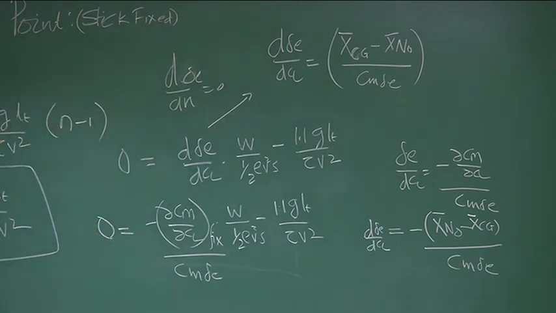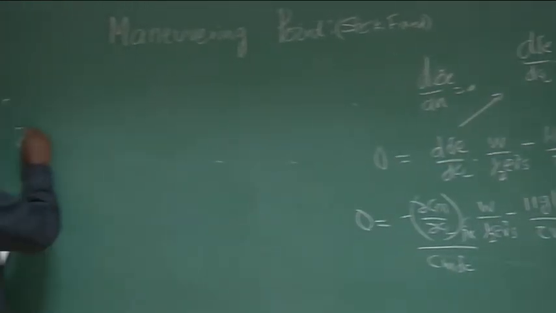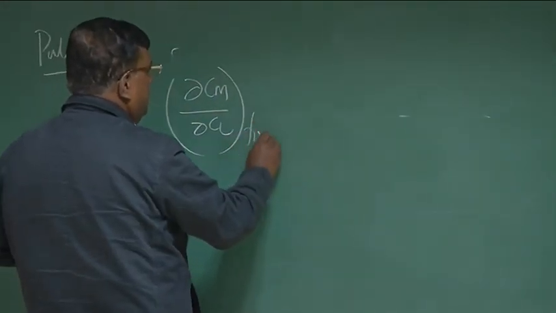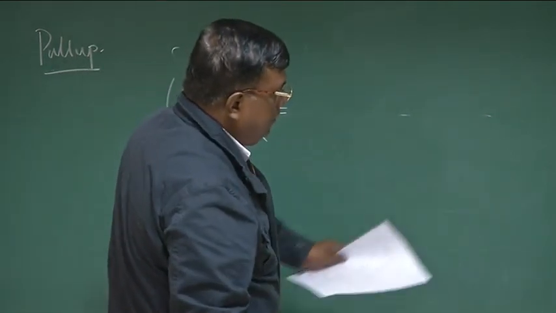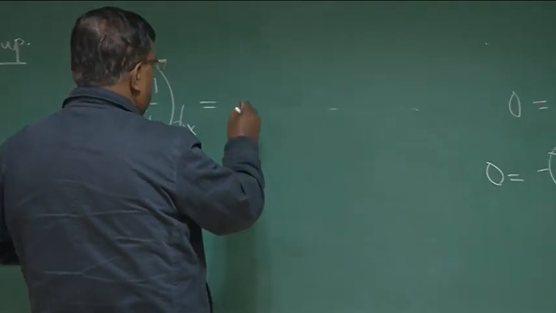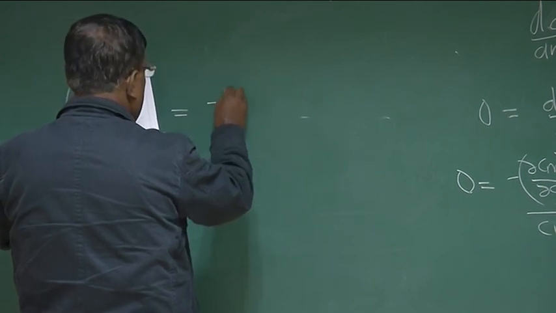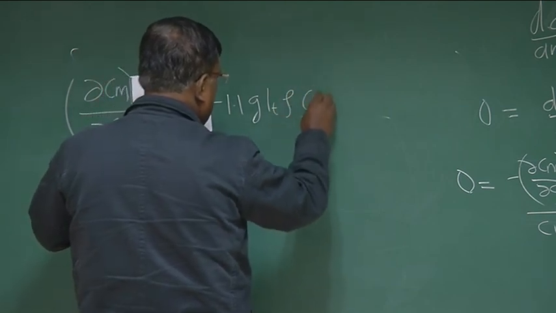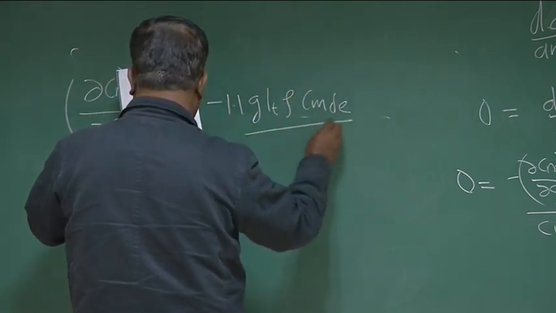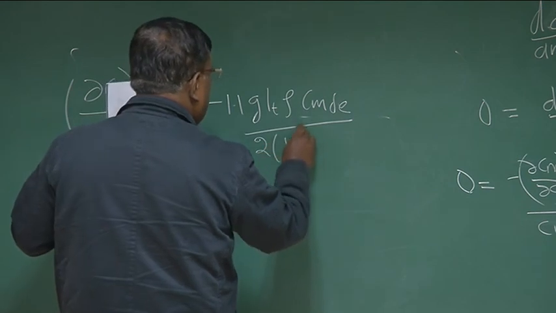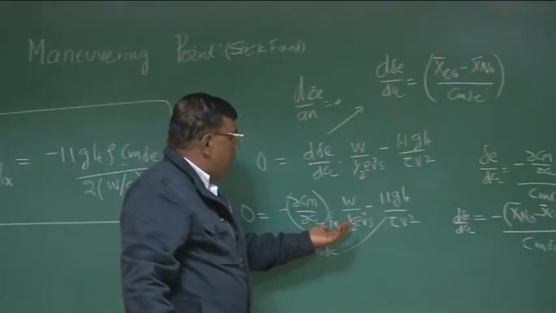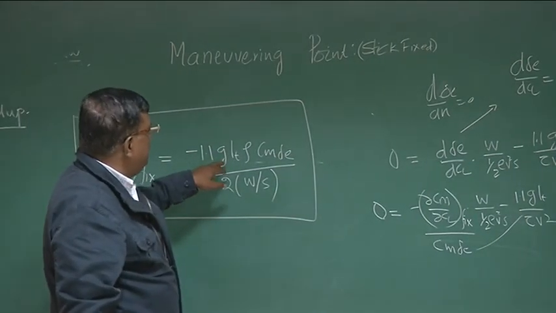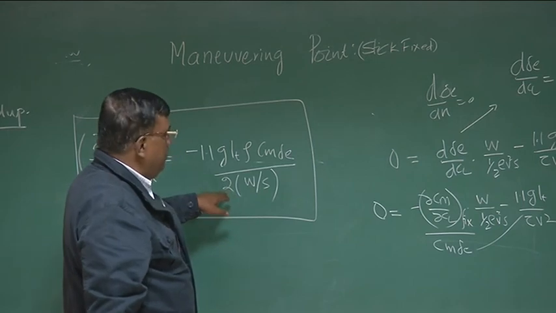This is equal to 0, which means straightforwardly you could see dCm by dCl fixed equal to, let me write the expression because unnecessarily we are wasting time, G LT rho Cm delta E by 2W by S. Once you solve this equation, you can easily show that dCm by dCl fixed is minus 1.1 G LT rho Cm delta E by 2W by S.